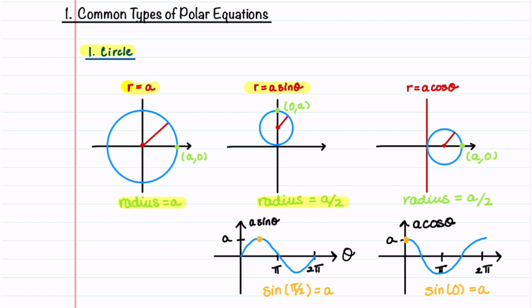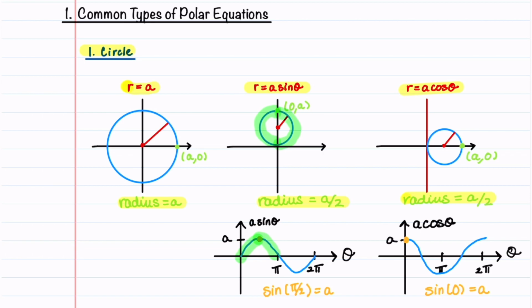As theta goes from 0 to pi, a sine theta goes from 0 to a and back to 0. If the circle lies on the right half of the polar axis, the equation is r is equal to a cosine theta, and the radius is again equal to a over 2.